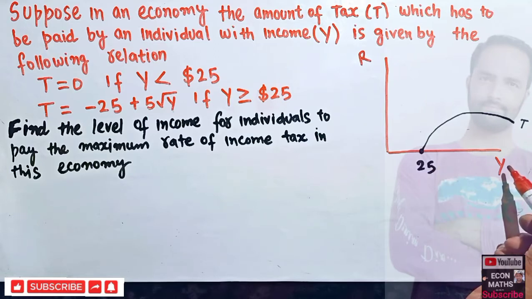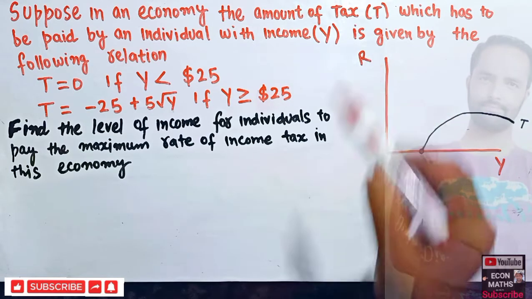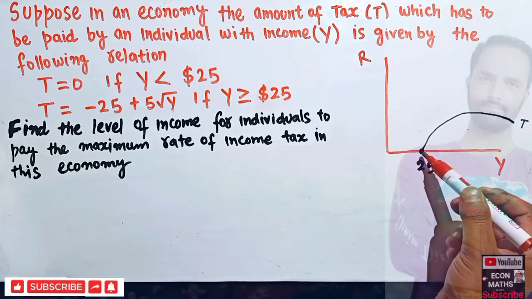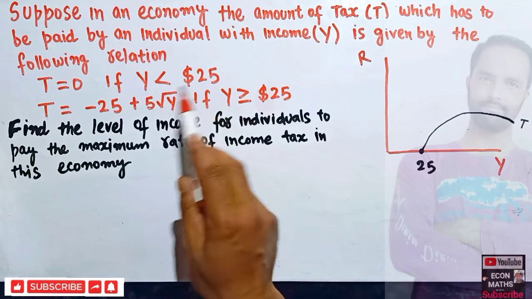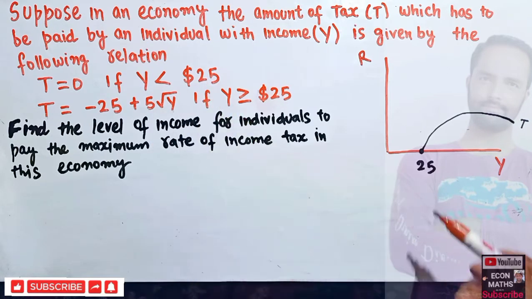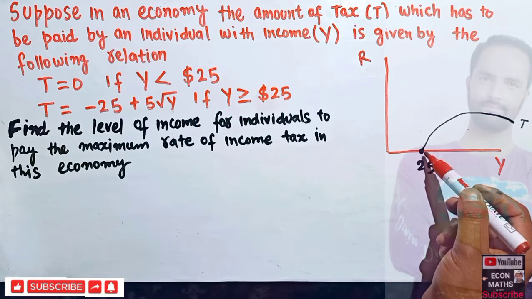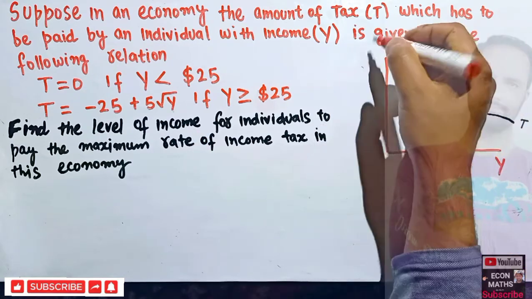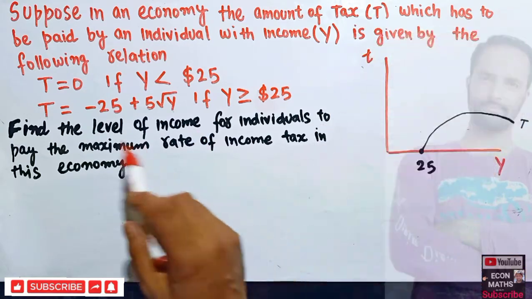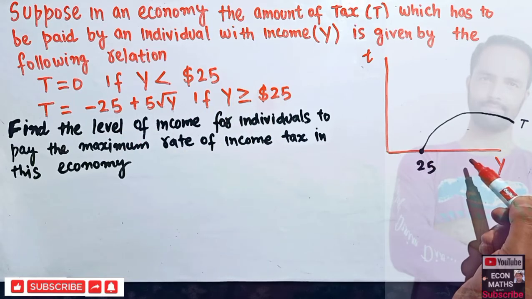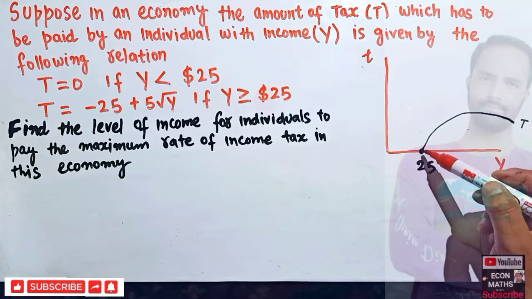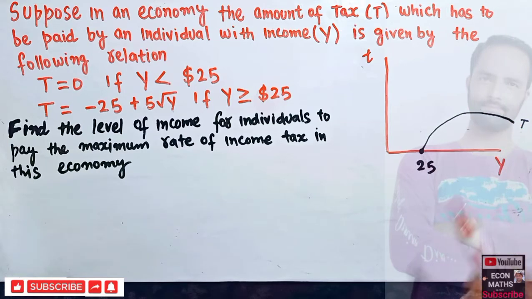If we write income on the horizontal axis and tax rate on the vertical axis, when income is less than $25, tax paid is equal to 0. When income is greater than $25, tax is paid by the following equation. So the graph will look like this.